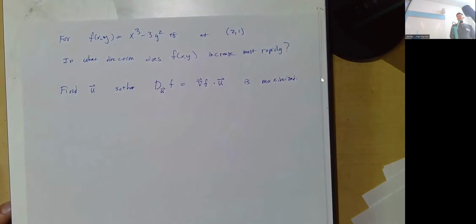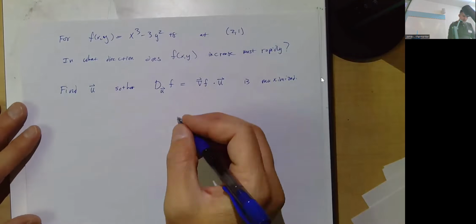It seems hard to think about if I write it the easier way of computing it, with the components of the gradient times the components of u, and then maximize that. That seems challenging. But it's not if we remember the other way of calculating the dot product of two things.